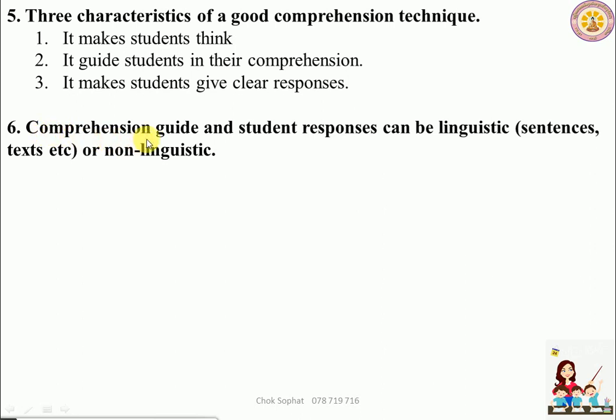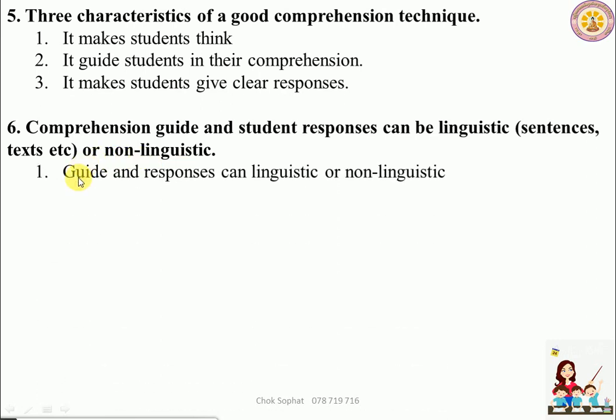Okay, number six, comprehension guide and student responses can be linguistic or non-linguistic. In fact, you learned this already. You saw this slide already. Comprehension guide and student response can be in the form of linguistic and non-linguistic.